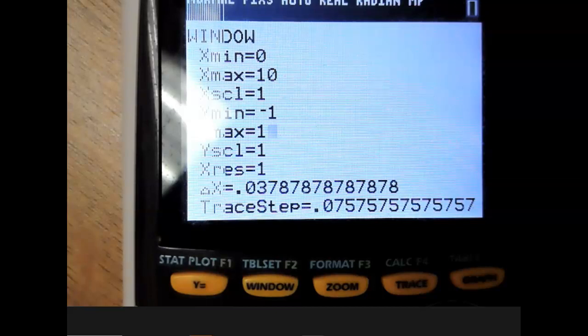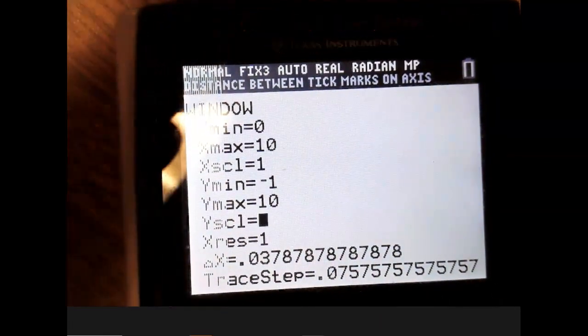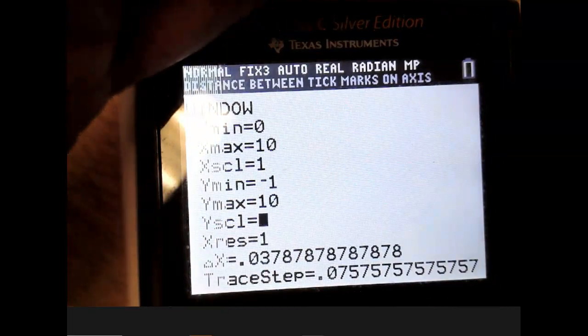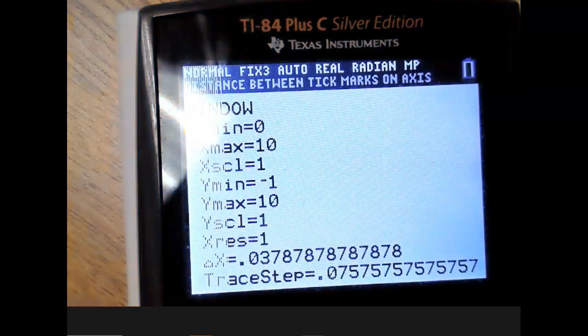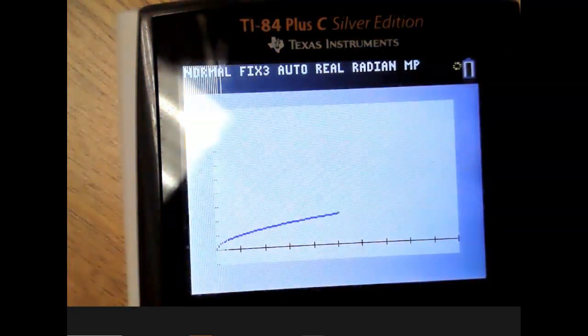And I can actually zoom in because I know the square root of 9 is 3, so I know my y values don't have to really go out all that far. So I'm going to hit graph. I'm going to see my nice little square root of x function.